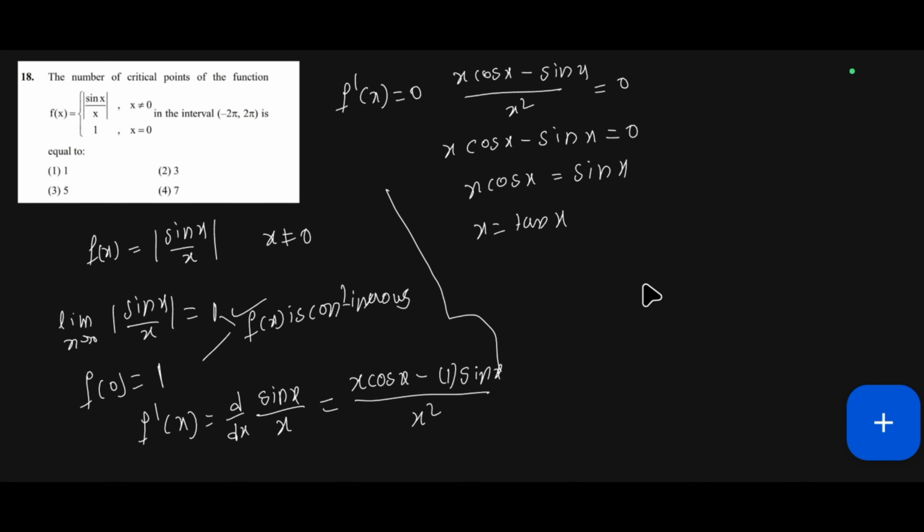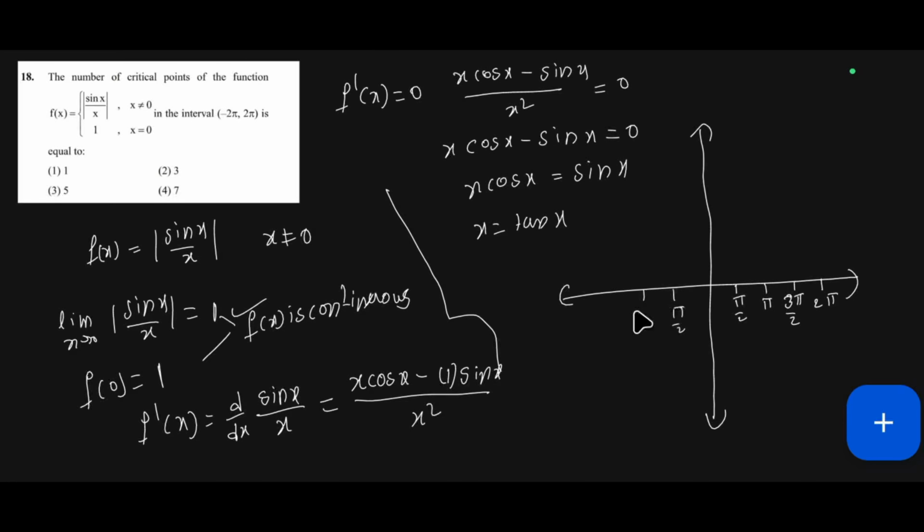Tan x. Now draw the graphs in the interval minus 2 pi to 2 pi. The marks are pi by 2, pi, 3 pi by 2, 2 pi, and minus pi by 2, minus pi, minus 3 pi by 2, minus 2 pi.